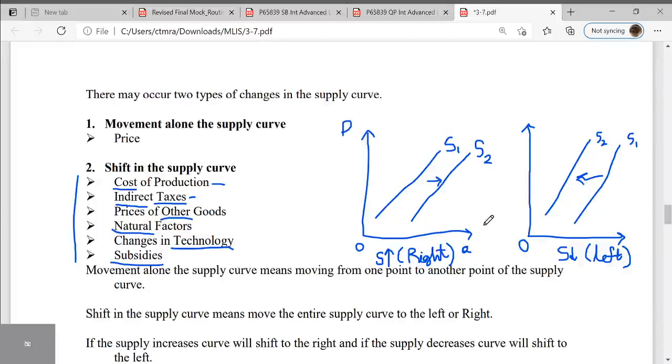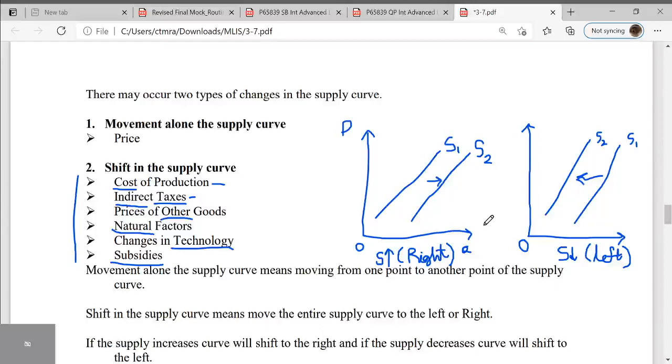So what is the factor over here? There will be a rise in production plants, and a rise in technology. People are also coming up with new technology so that they can produce oxygen quickly. So the supply of oxygen cylinders will increase because of the change in technology or rise in subsidies.